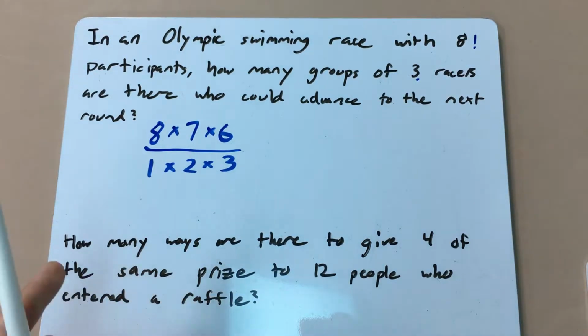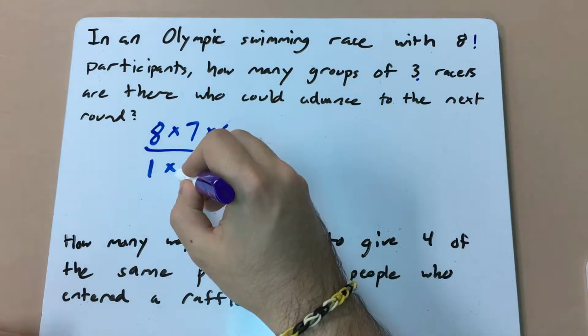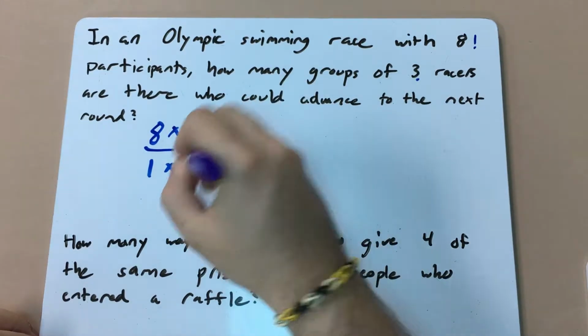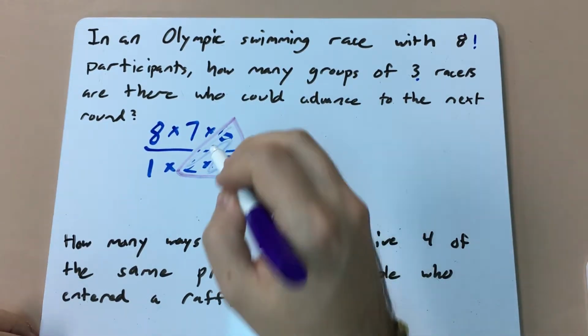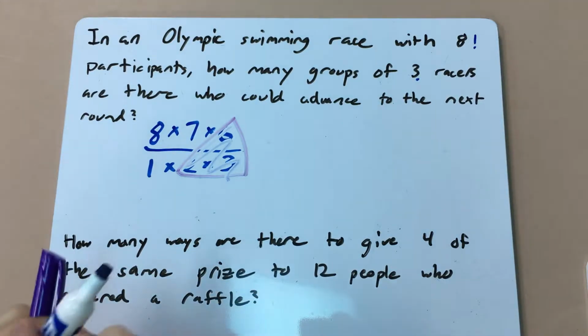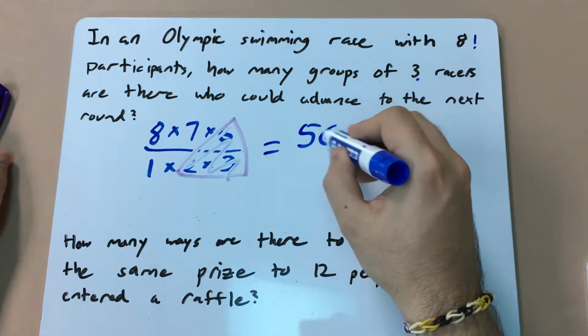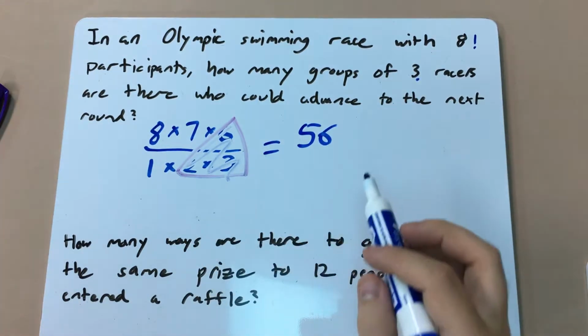I'm going to go ahead and do a quick shortcut. This is a trick you can use if you ever have to do one of these without the benefit of a calculator. I can see that 6 is 2 times 3. So I'm actually going to go ahead and get rid of all of these. So I've gotten rid of a 6 on top. I've gotten rid of 2 times 3 on the bottom. This leaves me with just 8 times 7, which is 56, divided by 1, which I actually don't need to write now.